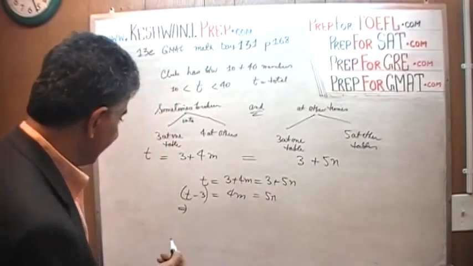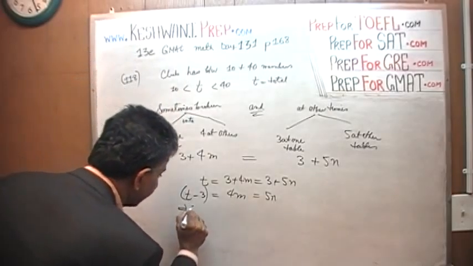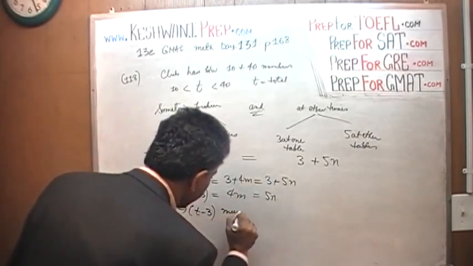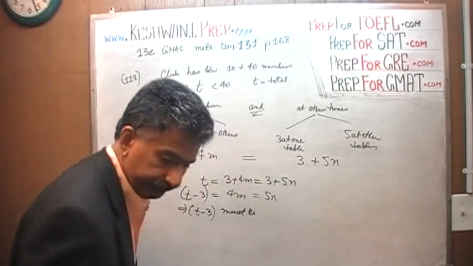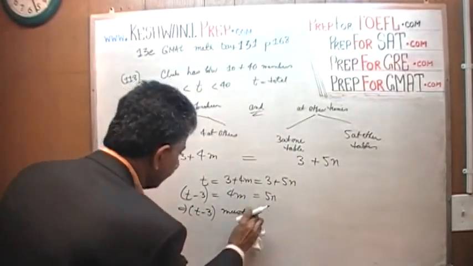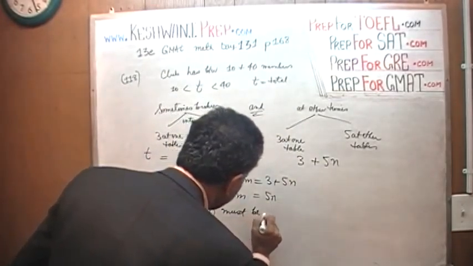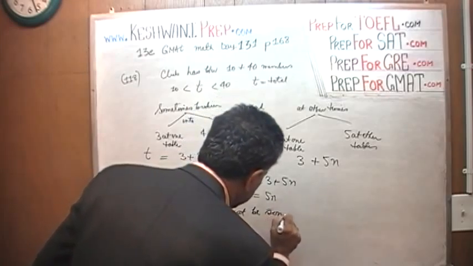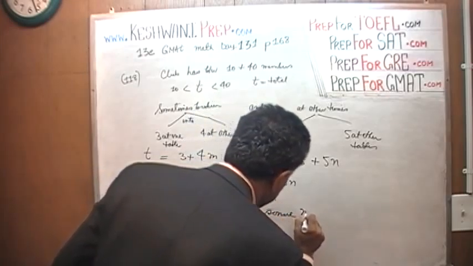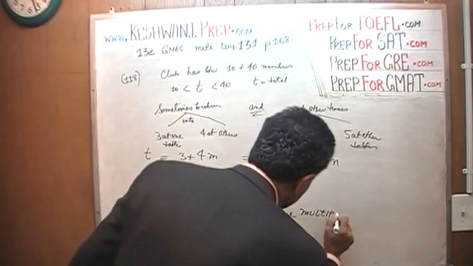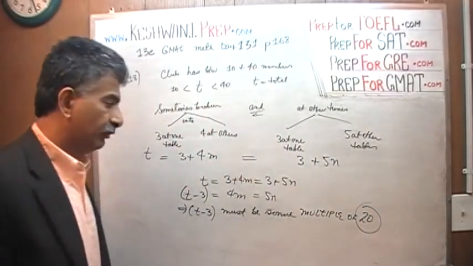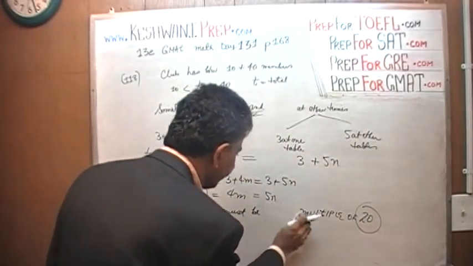What that tells us is that this quantity T minus 3 must be some multiple of 20. It will have to be some multiple of 20.